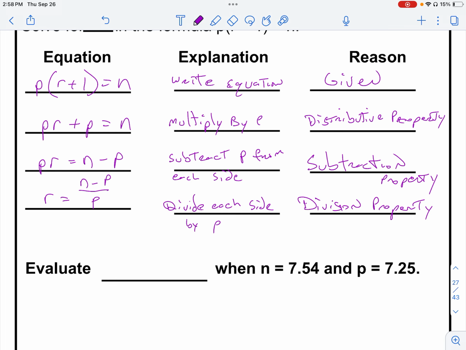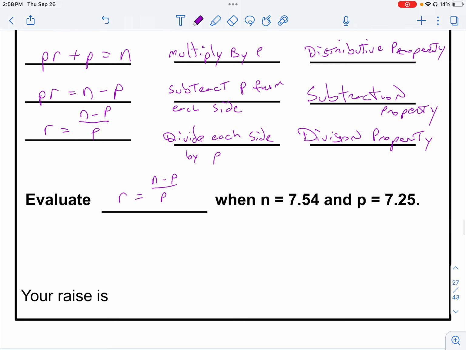So now we are in a position to evaluate whether r equals n minus p over p when n is 7.54 and p is 7.25. So we're just going to go ahead and plug it in.